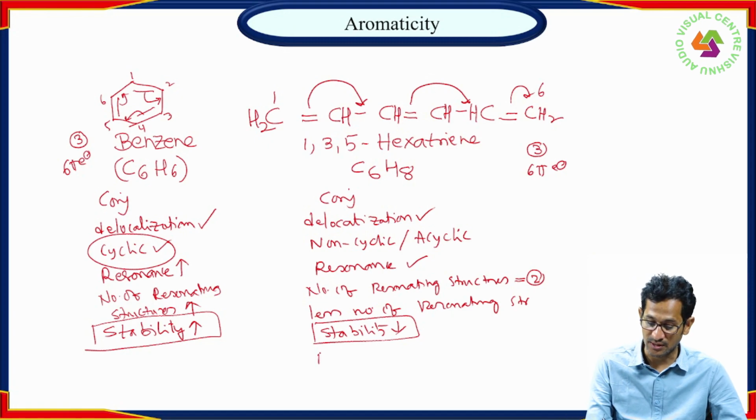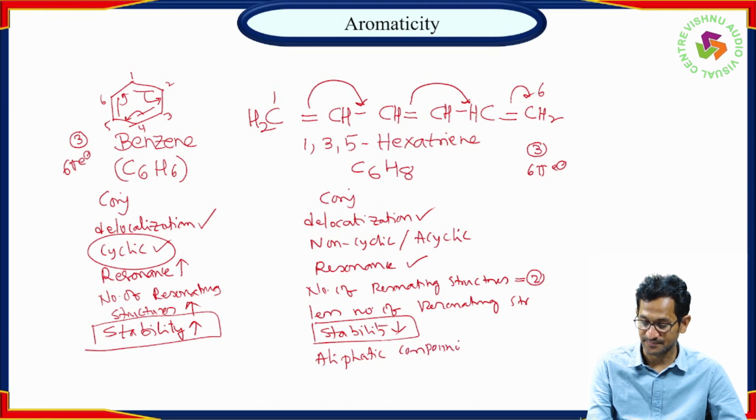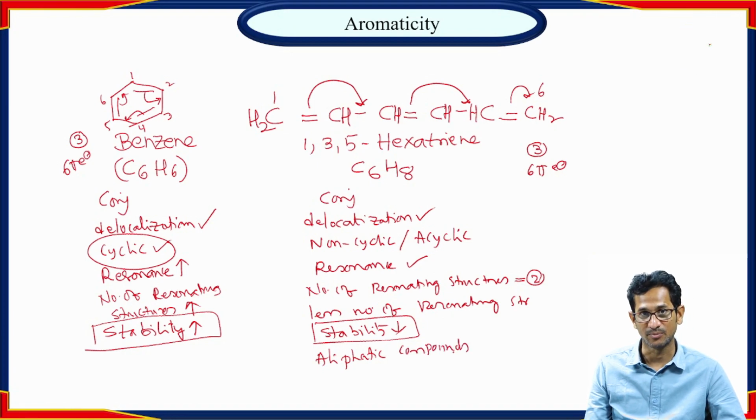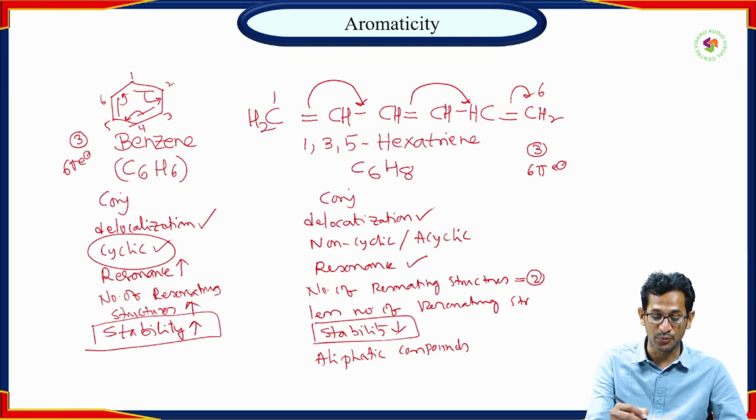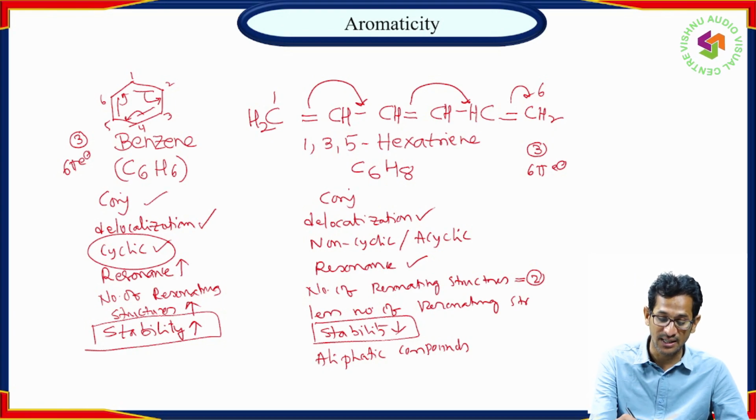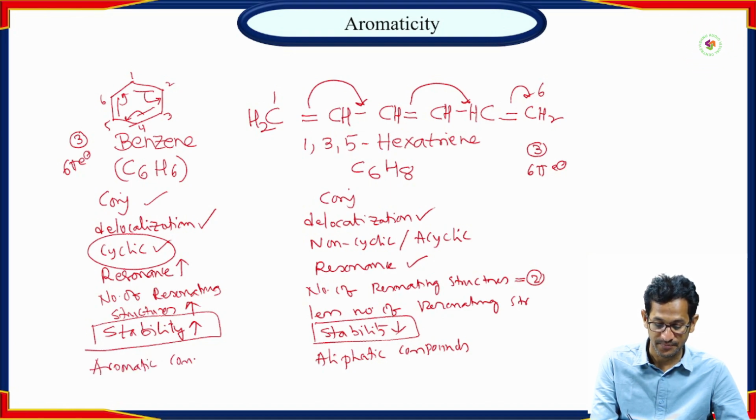Such types of compounds are called aliphatic compounds. And the compounds which have conjugated delocalized pi bonds with cyclic structures are generally classified as aromatic compounds.